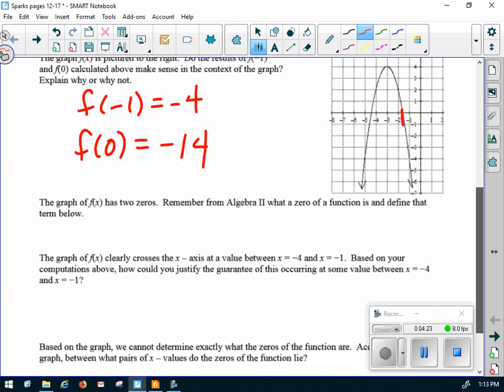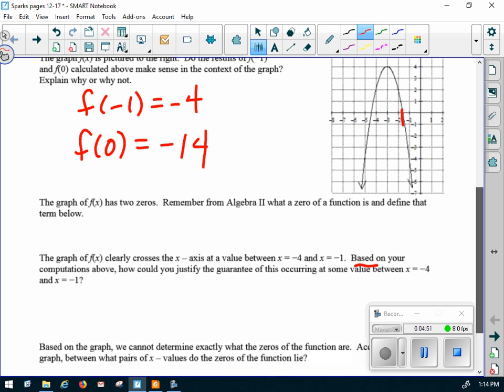Crosses right there, doesn't it? Now we're still reading. Based on your computations above, how could you justify that this is guaranteed to happen? Now, you may not quite understand what I'm asking you here. You all right? Yeah. Uh-oh. Okay.